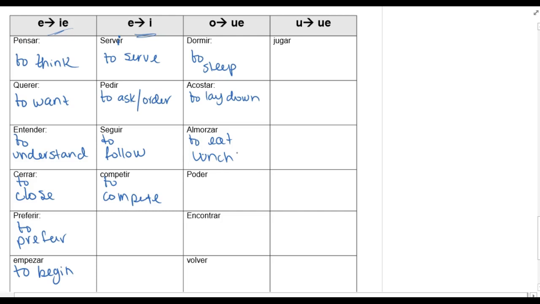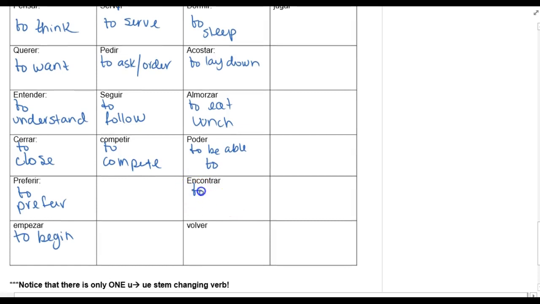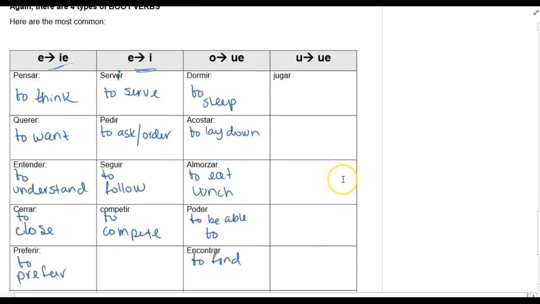It's to eat lunch. Poder is to be able to. Encontrar is to find. Volver is to return. Now, the only U to UE verb that we are going to cover, and basically the only one that exists, is the verb jugar. And jugar means to play.